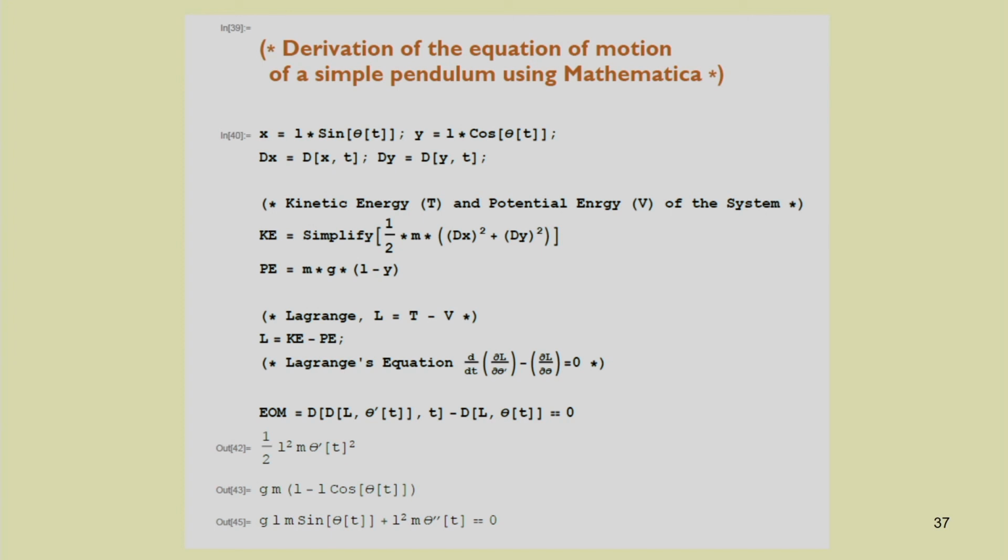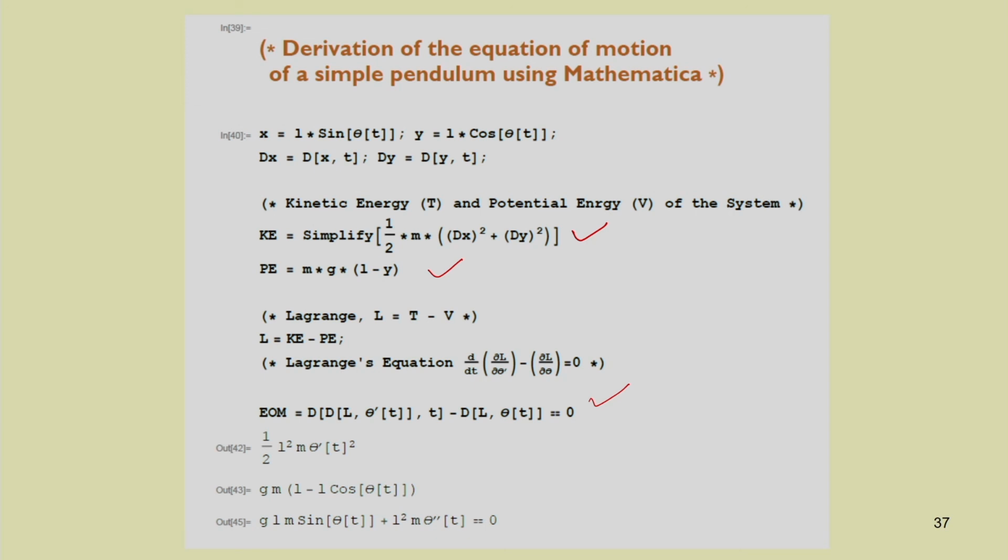Using Mathematica you can easily derive. So, you have written the expression for kinetic energy, the expression for potential energy, then Lagrangian equal to T minus V, and then you can write down this equation of motion.